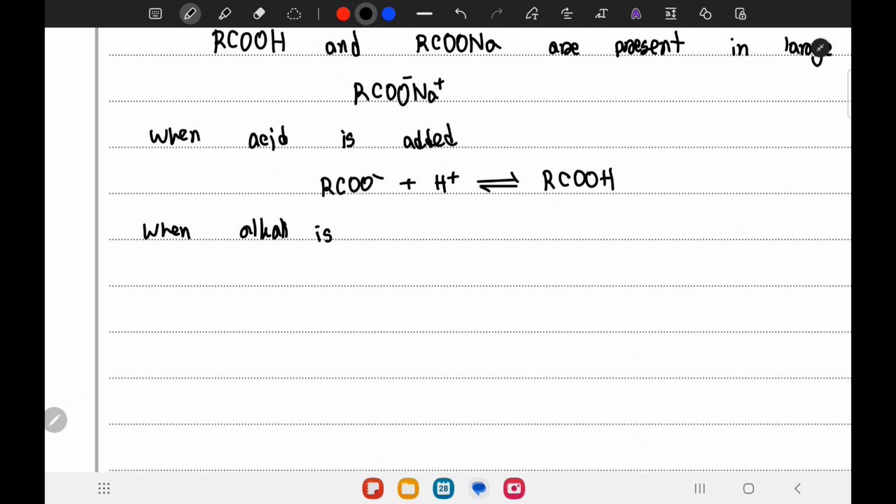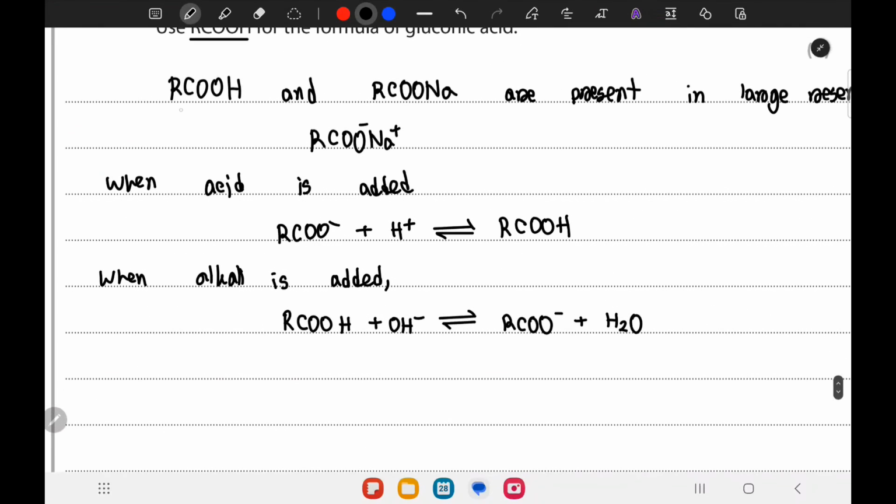And when alkali is added, so basically OH⁻, we have RCOOH plus OH⁻. This will be in equilibrium with RCOO⁻ and H2O.